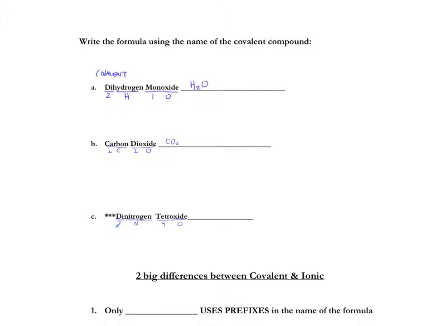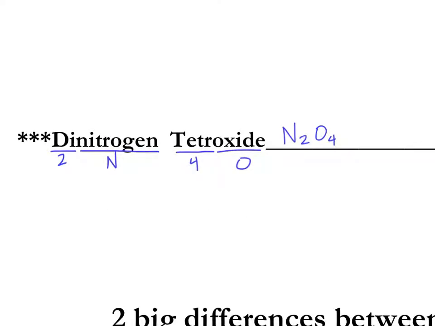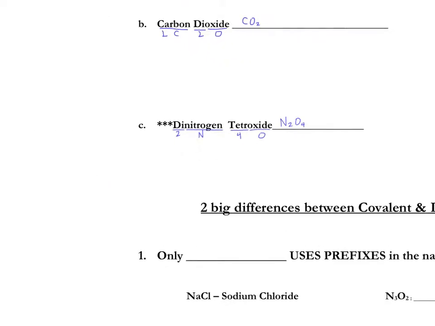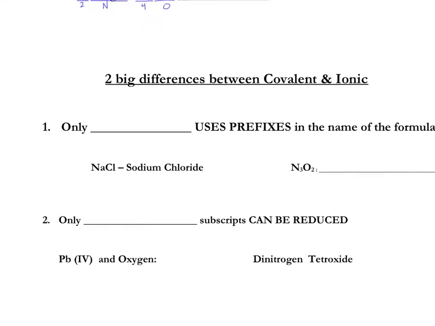So what this means is I've got 2 nitrogens and 4 oxygens. So when I write the formula, I get N2O4. Okay.